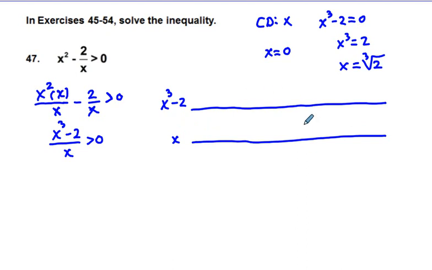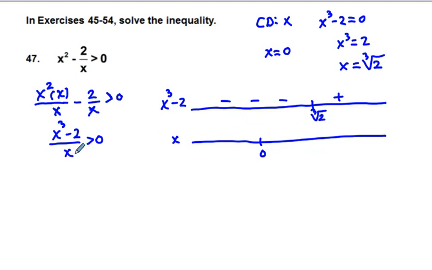And so for our numerator, we have cube root of 2, and then for the denominator we have 0. And so to the left of cube root of 2, we're going to have negative values. So negative, negative, negative. And to the right of cube root of 2, we're going to have positive.